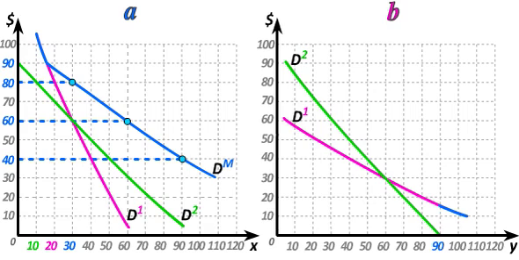For quantities above 90 on the horizontal axis, the only individual who gets any benefit from the additional public good that's being produced is the magenta individual 1. Thus, the total marginal benefit for goods above 90 is determined solely by individual 1.